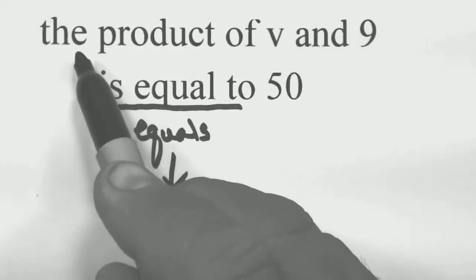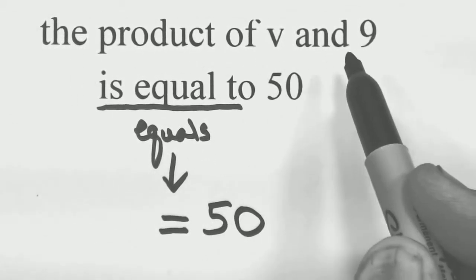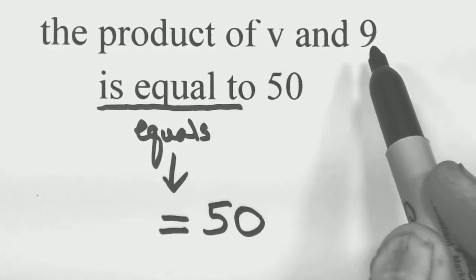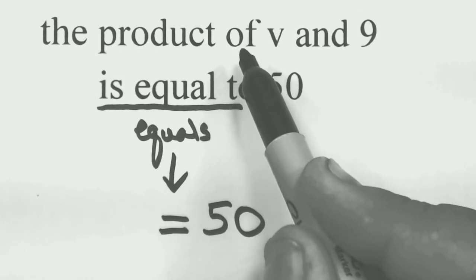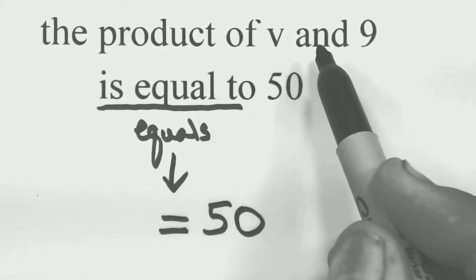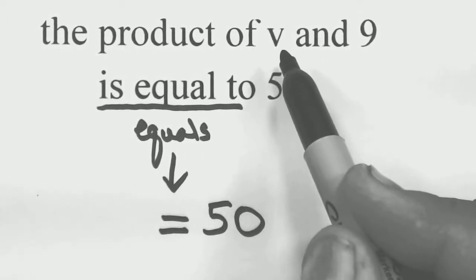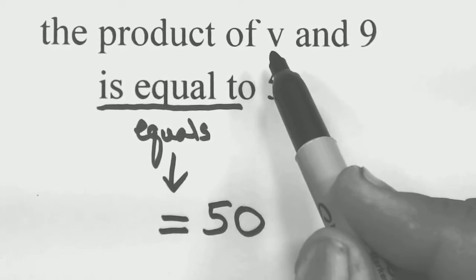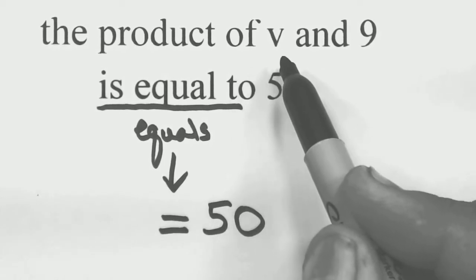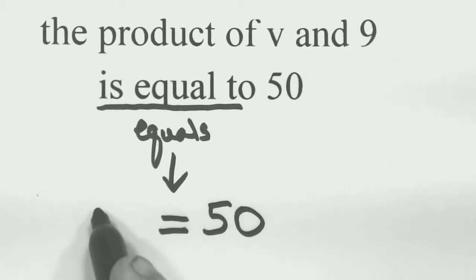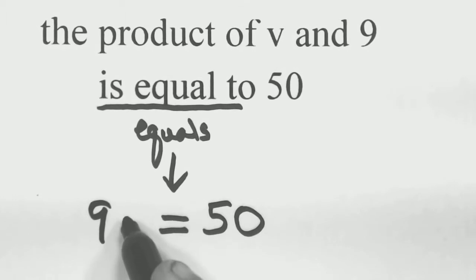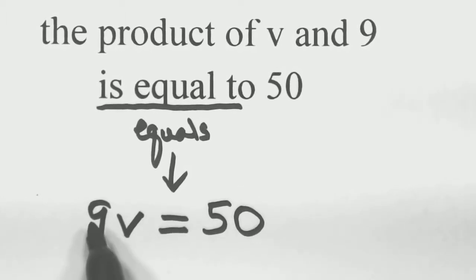What's to the left? The product of v and 9, so we have to multiply these two together. Now again, multiplication can be written in either order. You can multiply two numbers together in either order and you get the same value. The normal thing that folks do is they write the number in front of the letter, so we'll follow that here. The 9 and the v next to each other mean multiply, so 9v equals 50.